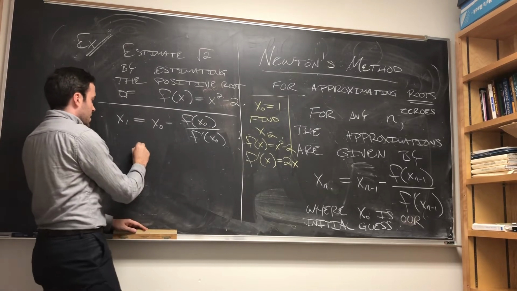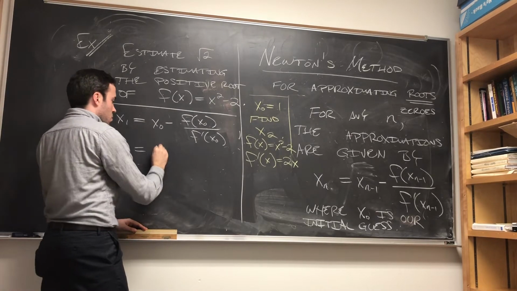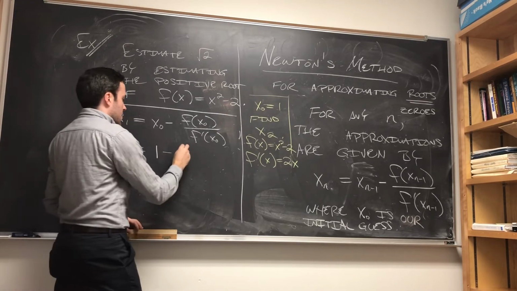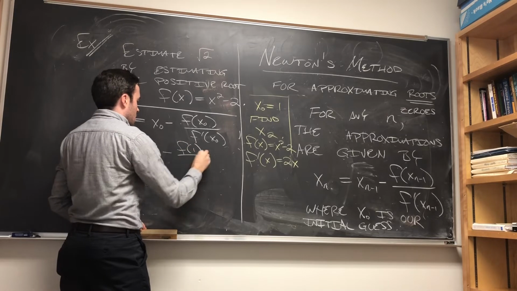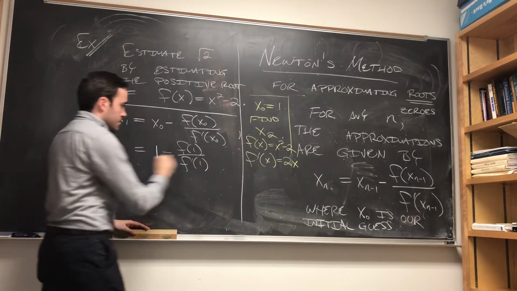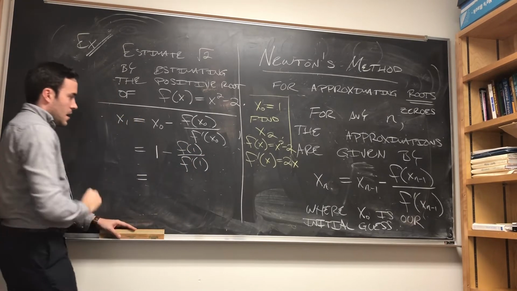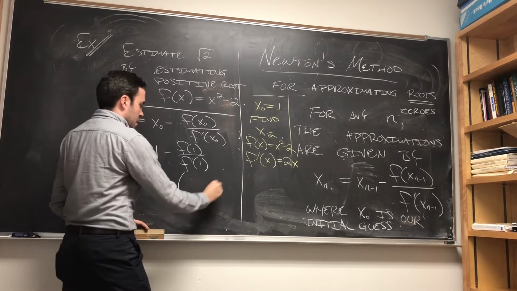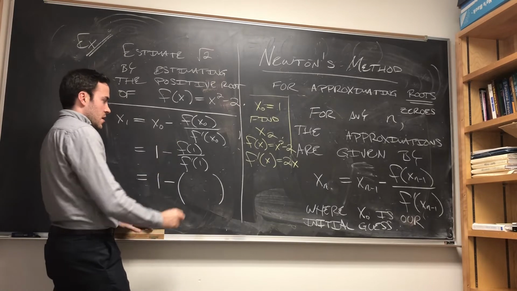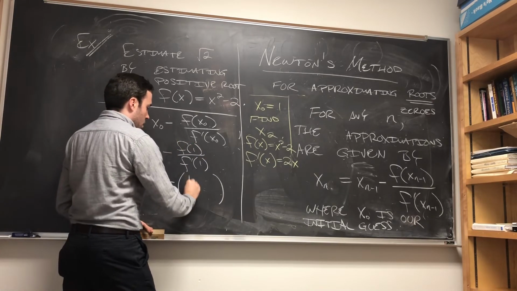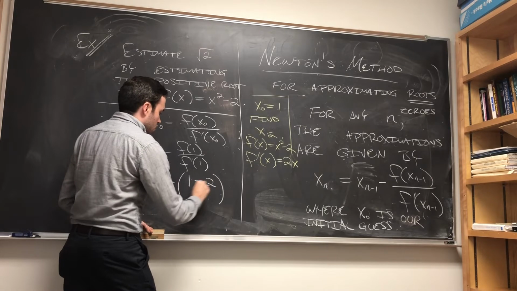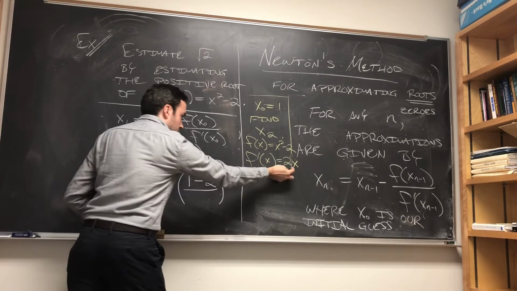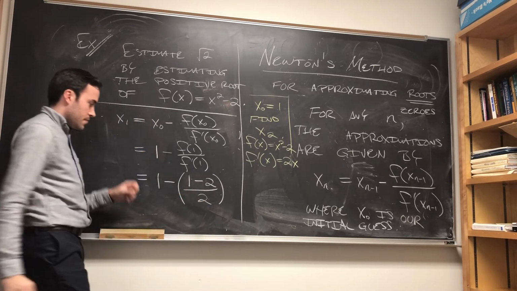So what we're going to have here is x naught, which is 1. Remember, we have a concrete value for x naught. It's 1, minus f of 1 over f prime of 1. This is going to be 1 minus, and be careful with your minus signs here, f of 1, which is 1 squared, which is 1, minus 2, all divided by f prime of 1, which is 2 times 1, which is 2.